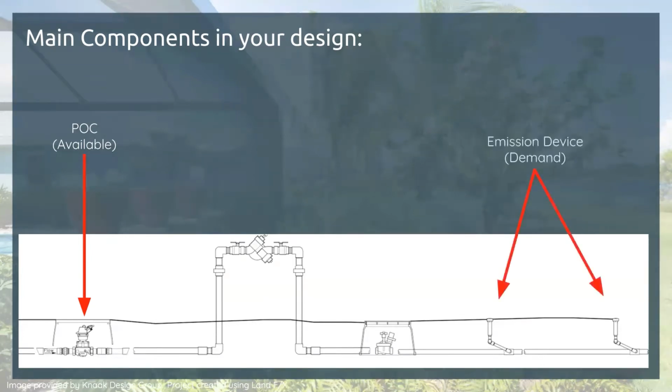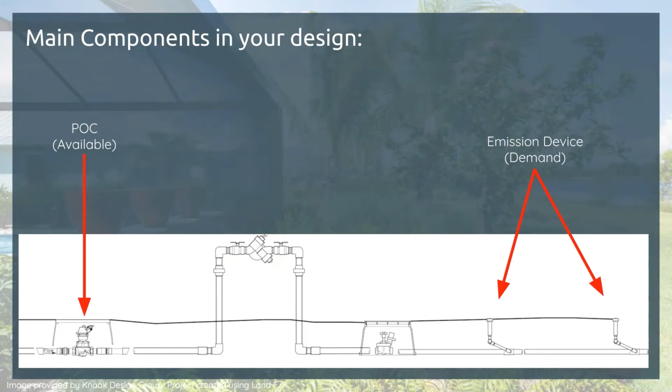And then if we go all the way down to the very furthest end of the design, this is our demand. And the demand really is based on the emission types that we're going to be using and looking at it from not only a flow perspective, because that pertains to the zone and that kind of stuff, but the operating pressure of what we need this equipment to do.